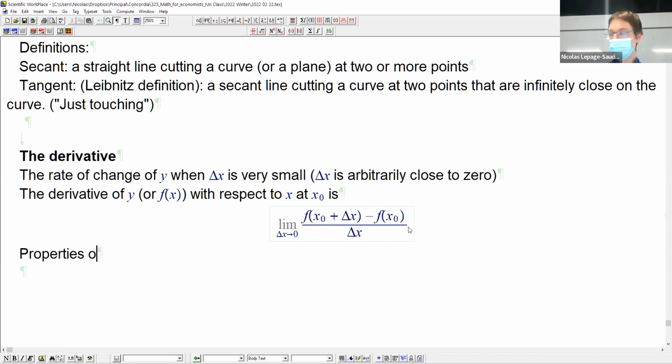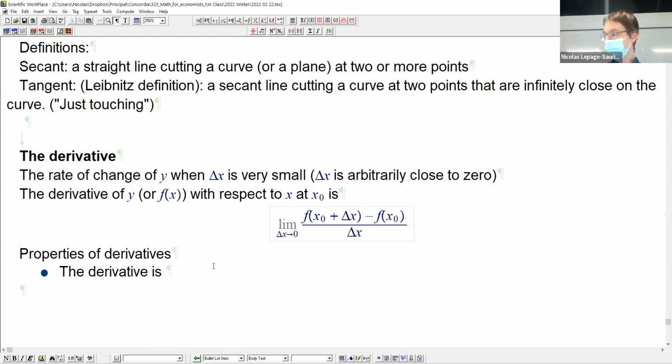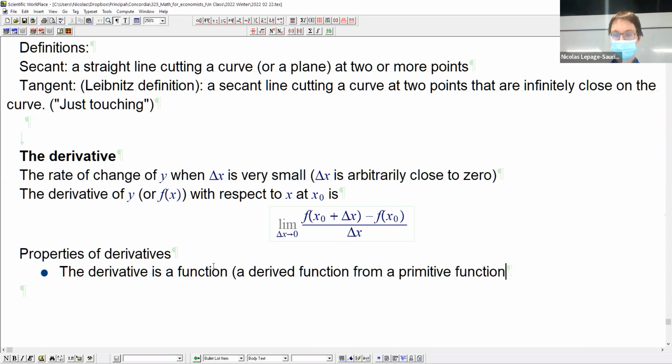Okay. Properties of the derivative. The derivative is a function, a derived function from a primitive function, and here our primitive function is simply f of x.